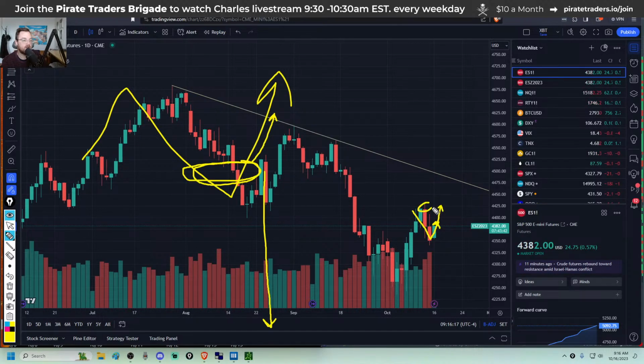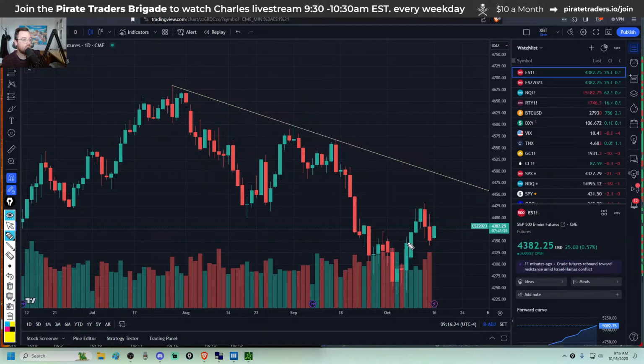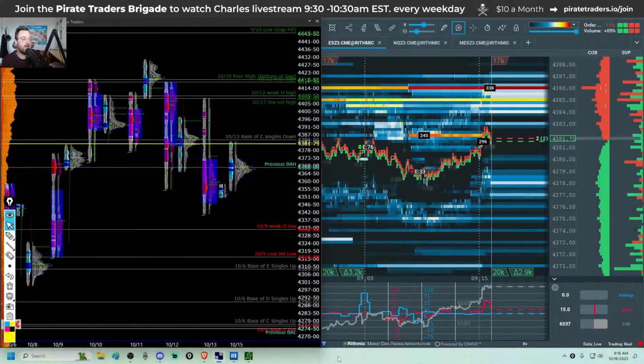To test this area up here again, the 44.20s. So whether the market breaks lower or breaks higher, it's got quite a move to make once it gets away from this balance area high around 43.68.